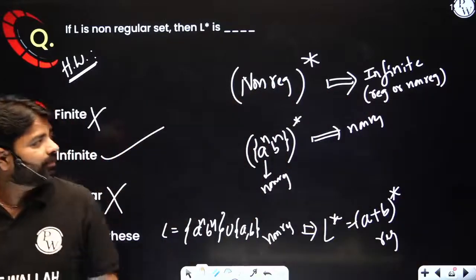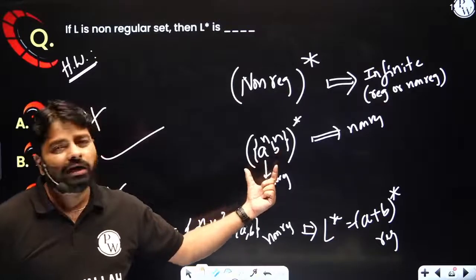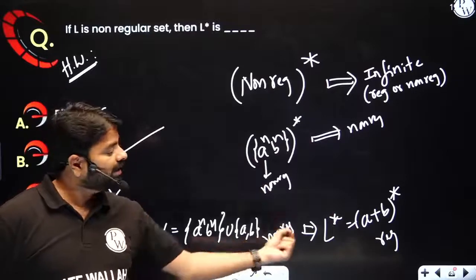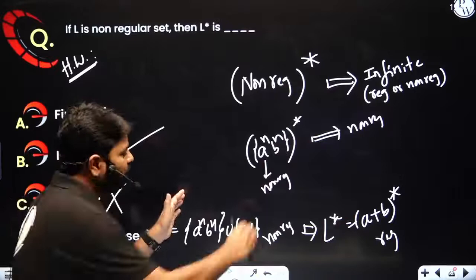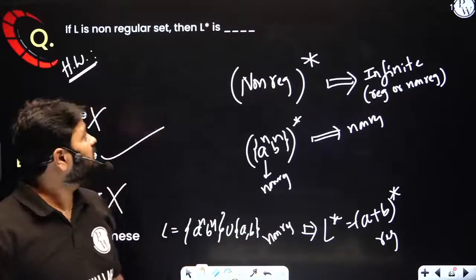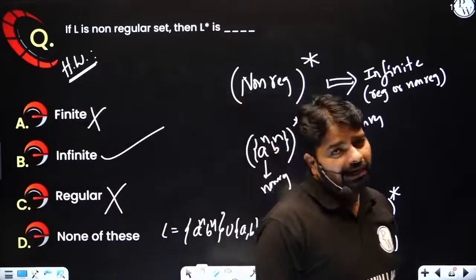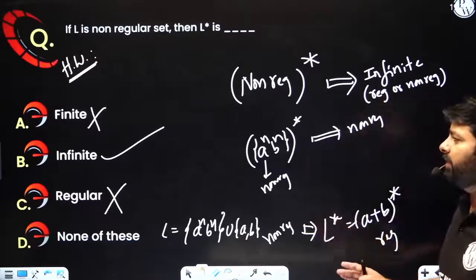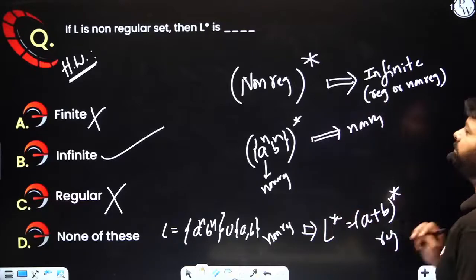When L is a power n, b power n, its Kleene closure is non-regular. When you take L as this one, then its Kleene closure is a plus b whole star, because of these a or b choices, which are enough to produce every string in sigma star. Very nice example. Do the homework. Even though I have given the answer, don't blindly take it. Keep working on the examples I've given here and spend some time to get a clear idea.